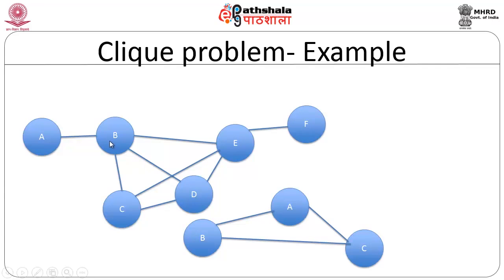You can also say that a clique exists between B, C and D and also C, D, E. These are also cliques of size 3, but in the clique problem we have to find the maximum clique, that means the clique of the maximum k. In this problem, the maximum clique size is 4, which involves the vertices B, C, D and E.